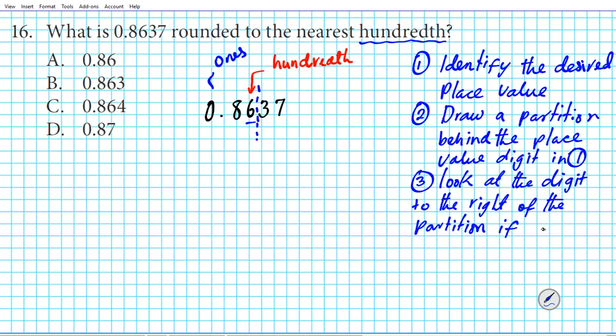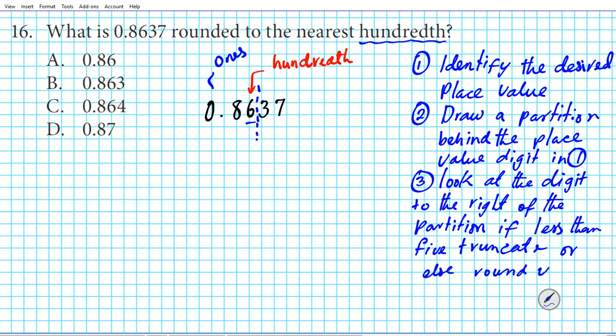If less than 5, truncate. Truncate basically means you just cut it all off. Every digit to the right of the partition, you just truncate everything away. Or else round up.